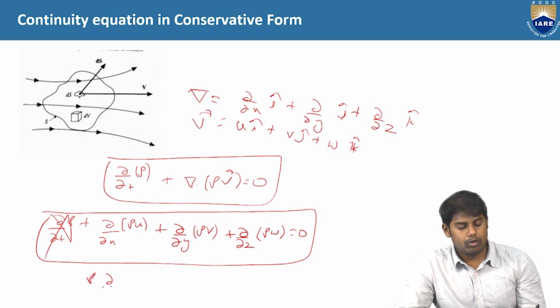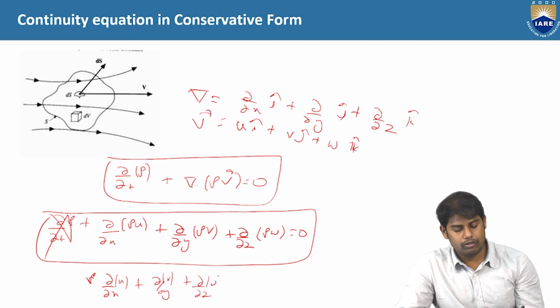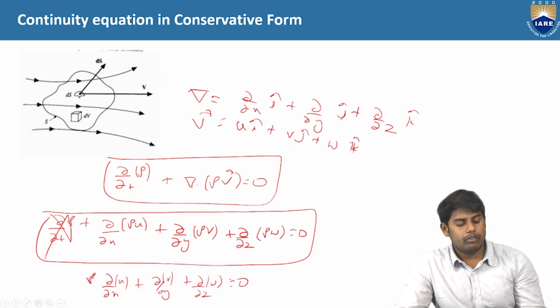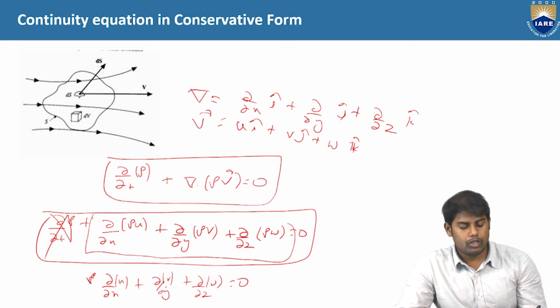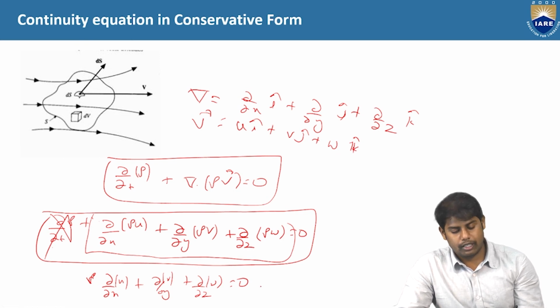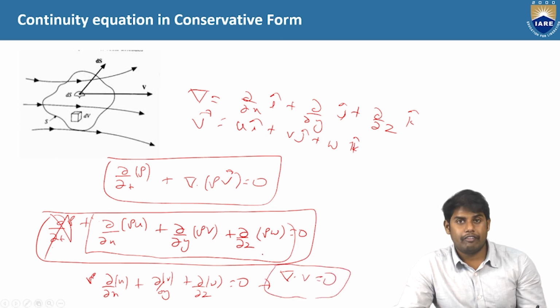So dou u by dou x plus dou v by dou y plus dou w by dou z is equal to 0. When you take only the steady continuity equation with compressible flow, you have these terms. When you take incompressible equations, you have dou u by dou x plus dou v by dou y plus dou w by dou z equal to 0. This is nothing but del dot v equal to 0, written in vectorial form.